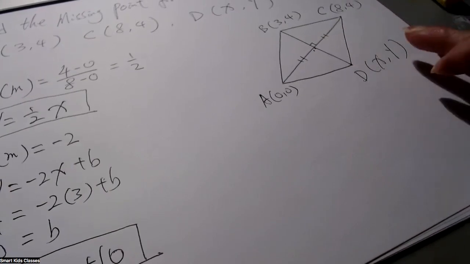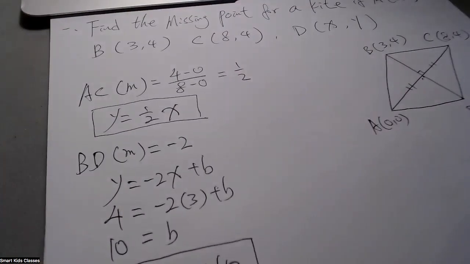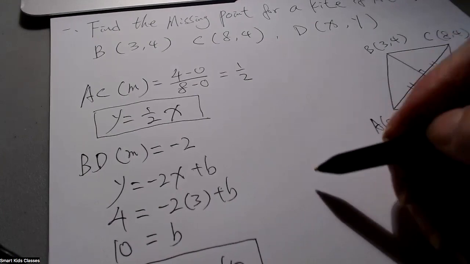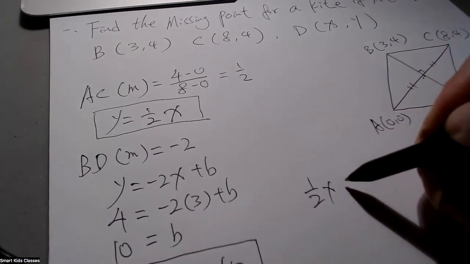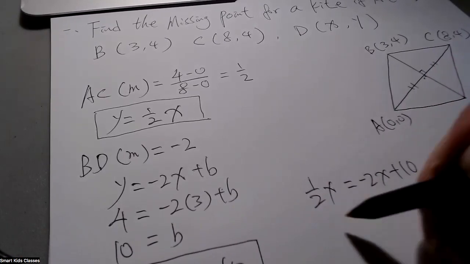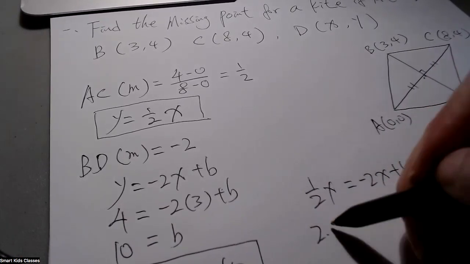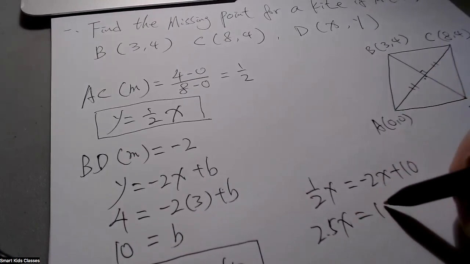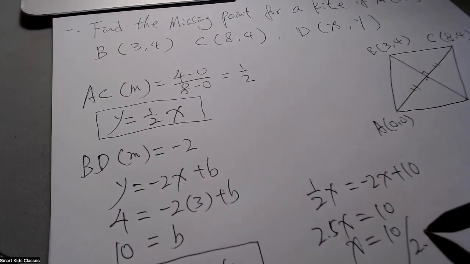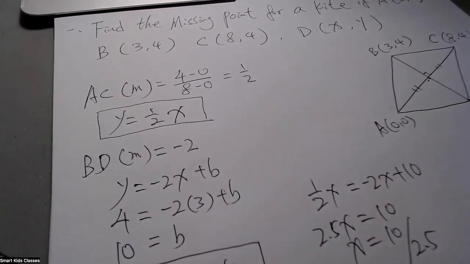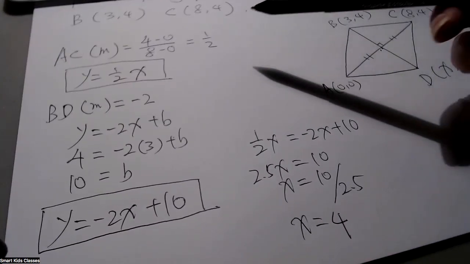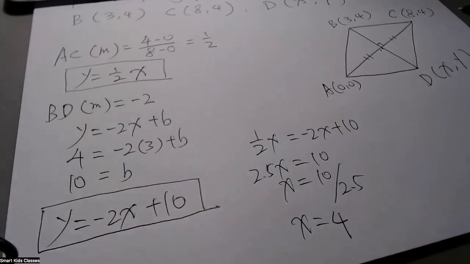So we find the intersection: 1 over 2 x is equal to negative 2x plus 10. Moving to the other side, 2.5x equals 10, and x is equal to 10 over 2.5, so x equals 4. When x equals 4, we plug into the first equation to find y.